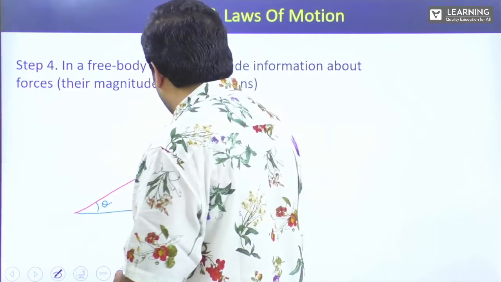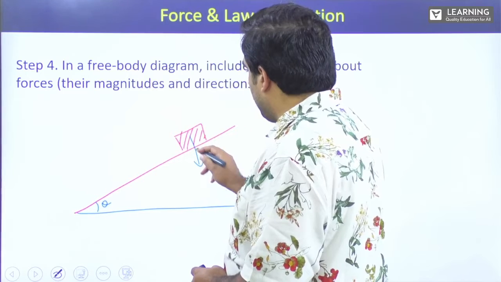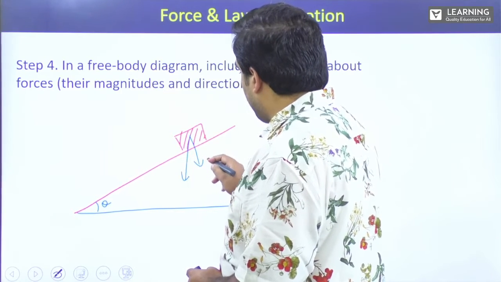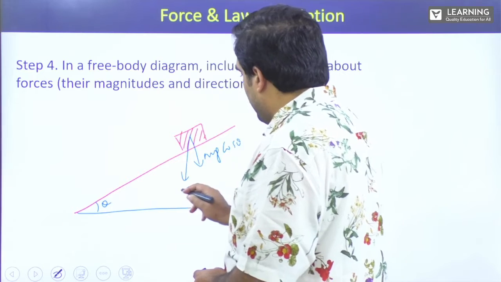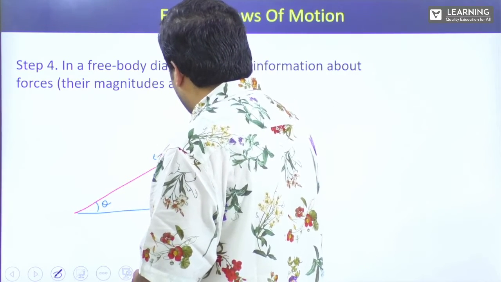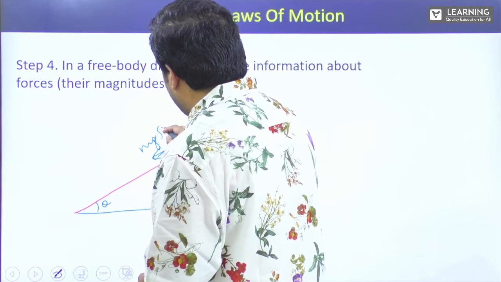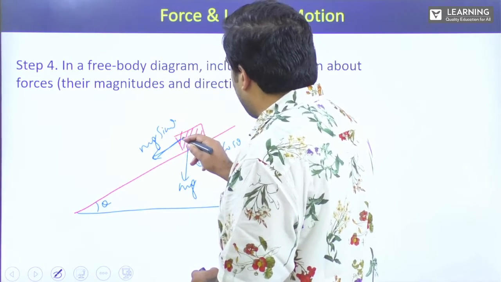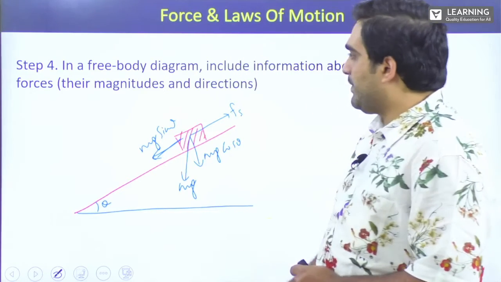This is theta, this is mg cos theta, mg, and mg sin theta, and then you have F of S.